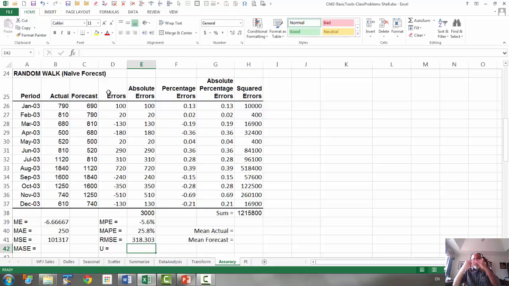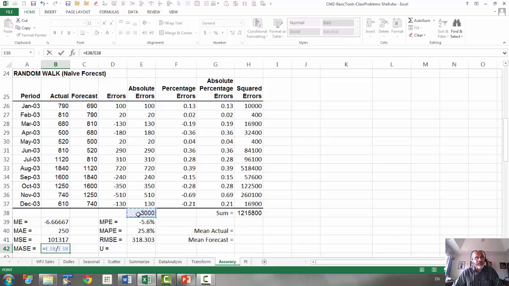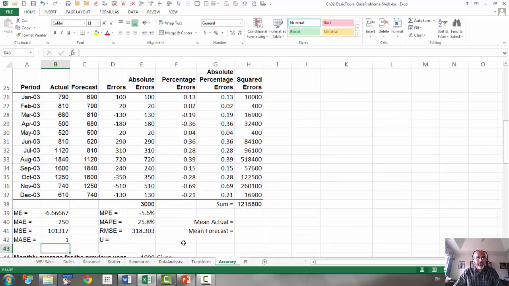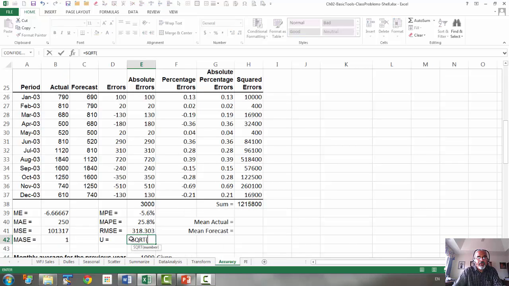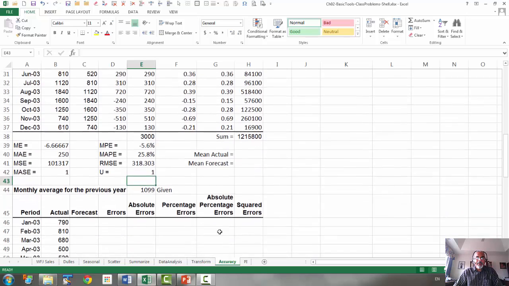So random walk in comparison to random walk is going to be 1, because this will be the sum of the absolute errors divided by the sum of absolute errors. So that will be 1, and here the same thing, it will be square root of that divided by square root of that. So it will be 1.